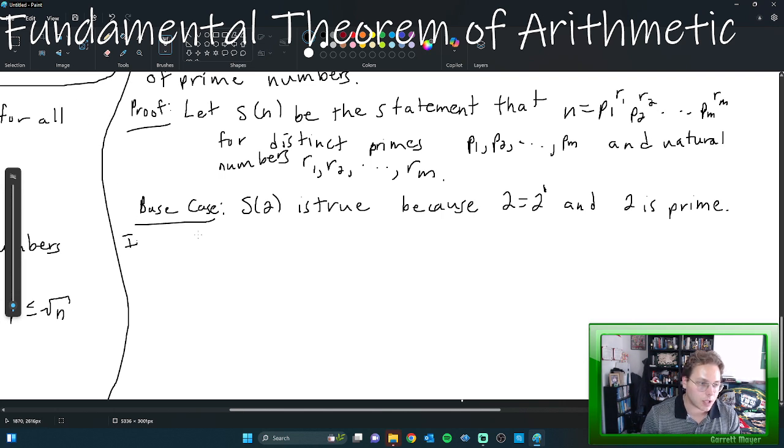So for the inductive step, we're going to also, once again, use strong induction.